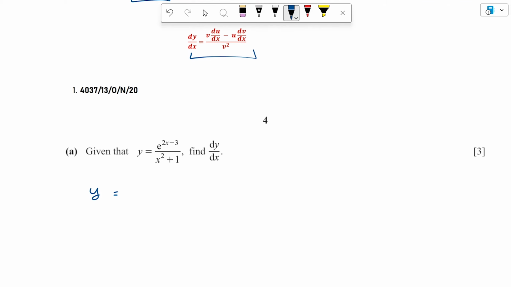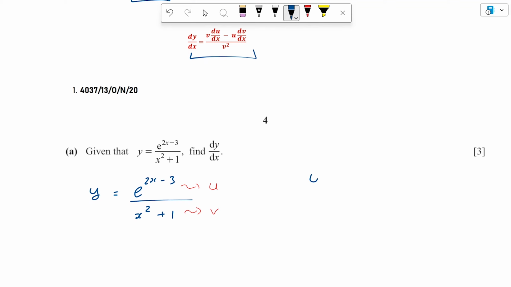Y is equal to e^(2x minus 3) over x squared plus 1. This is going to be our u, and this is going to be our v.